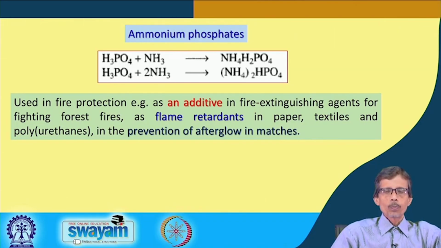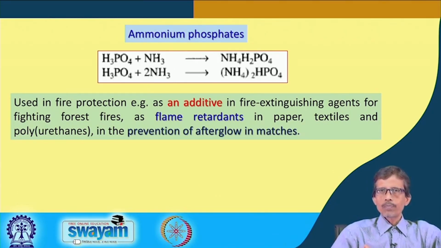And sometimes, to prevent the afterglow in matchsticks, when we burn a matchstick and extinguish the flame, the matchstick is still glowing. That afterglow is dangerous, because sometimes we just extinguish the flame of the matchstick and throw it away, but you still have the afterglow on the matchstick.